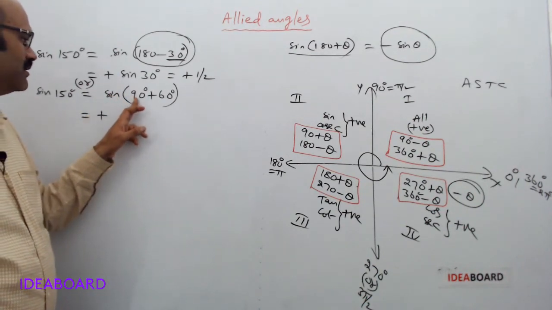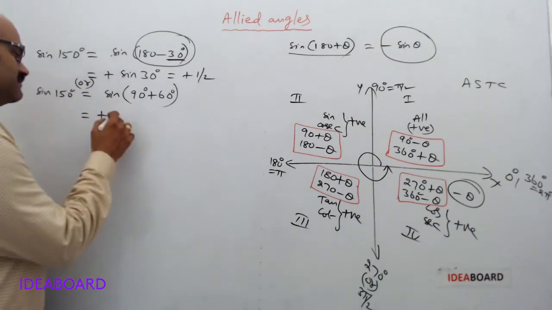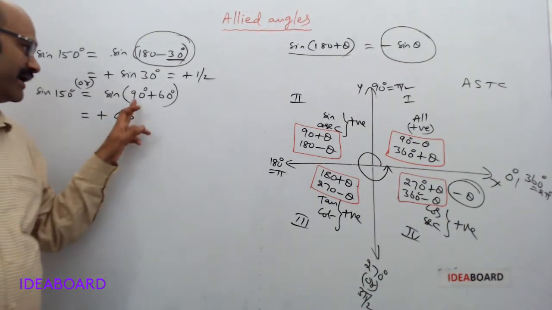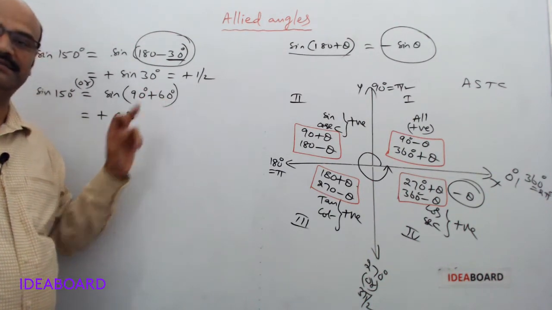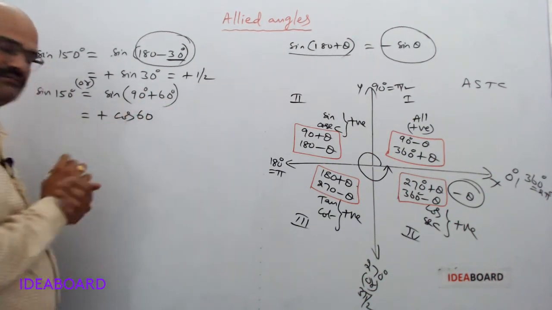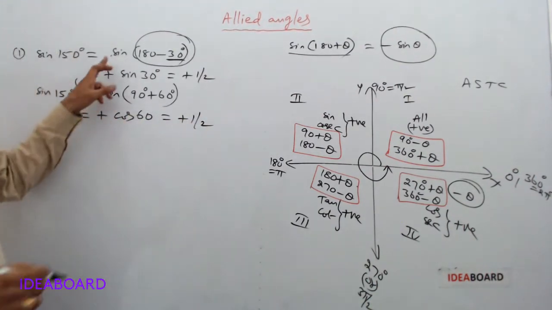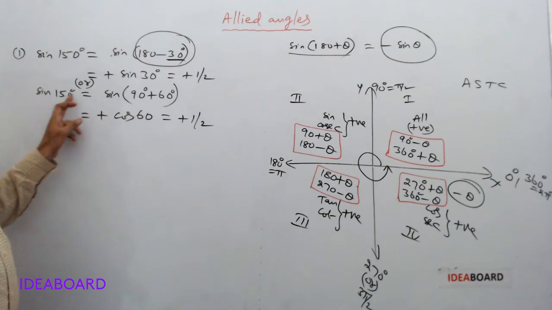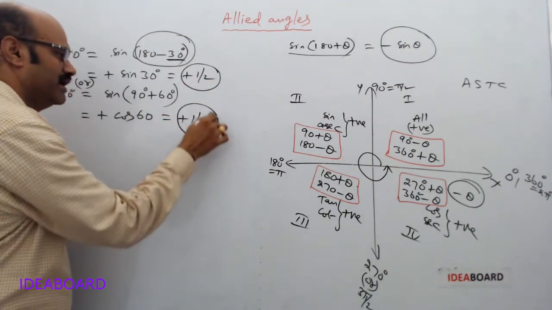When you have 90 plus theta, sine changes to cos. For 90 plus theta, the allied angle is 60 degrees. So it implies cos 60, so plus 1 by 2. Even if you write 180 minus 30 or 90 plus 60, you get the same answer, plus 1 by 2 only.